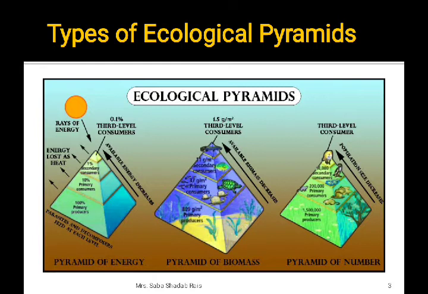So, how much biomass is produced by the producer? How much biomass does the primary consumer have, the secondary consumer, and so on? In the same way, if you observe the number of organisms, that also varies in the form of a pyramid. So let us study one by one in detail.